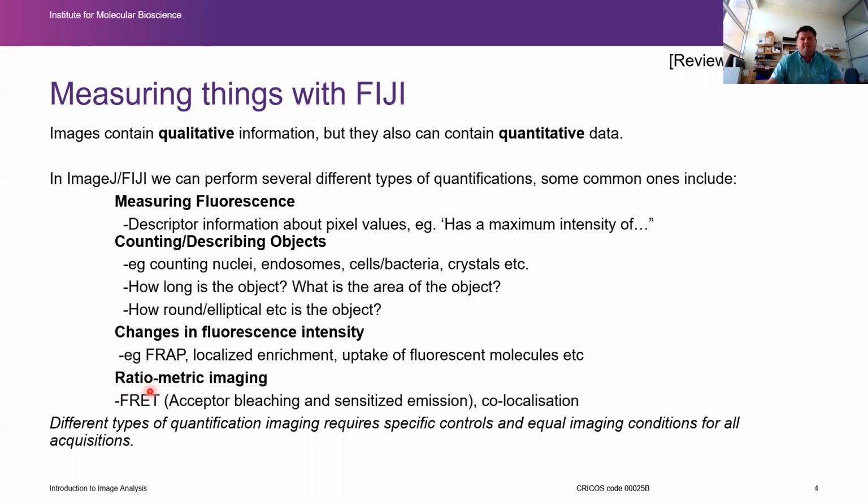And you can perform ratiometric imaging, which is methods like FRET or co-localization, where you want to see relative to one another what they are. So you can perform calculations and get the numbers out that way. All the different types of quantification are going to require very specific controls and equal imaging conditions for all acquisitions. So you have to treat all the images the same if you're going to measure and compare them.